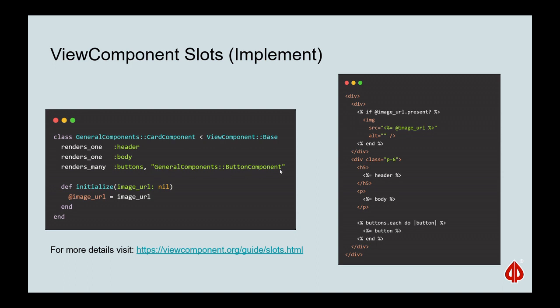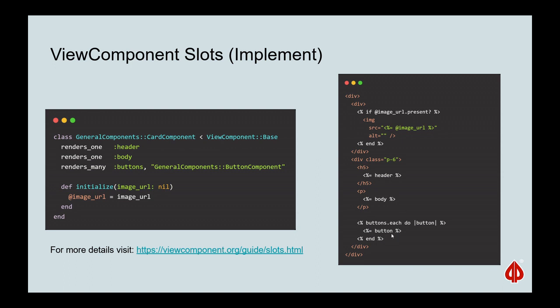And you only need to pass them as an object, which are the parameters that you need for the button, like text and disabled. So the HTML is like this. I actually pass an image URL to show the image. I pass the header as a slot. I pass the body as slot 2, and also I pass the buttons as a hash of the parameters, and then I generate them in the card.